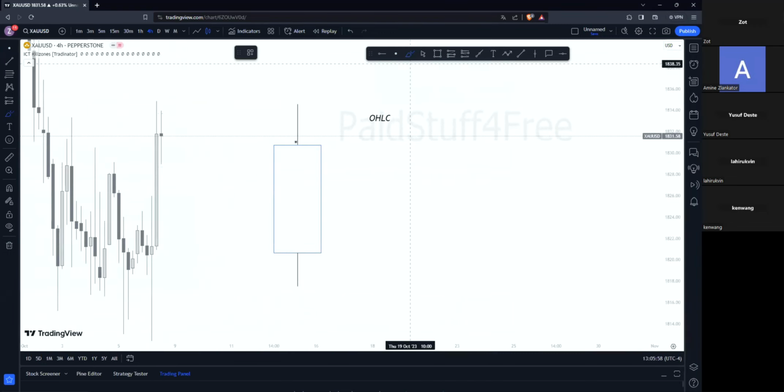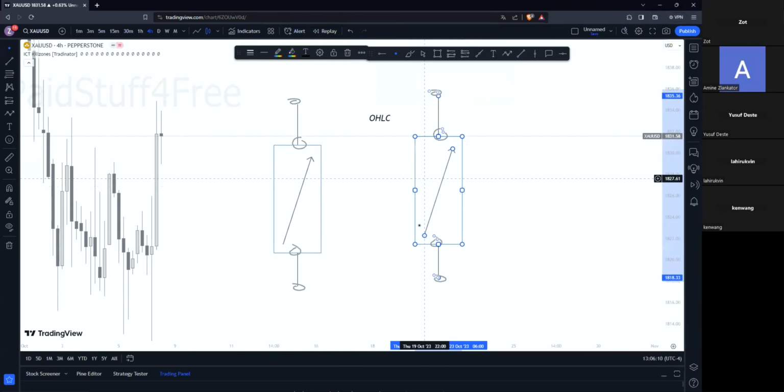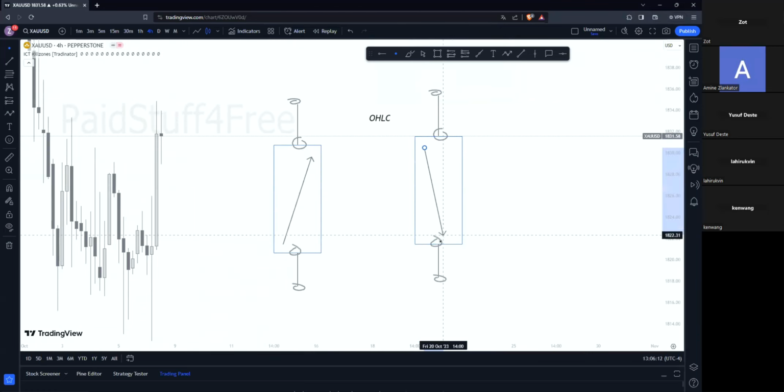Now you're going to have open, close, low, high. In a green candle, the closing is above, but on a red candle, the closing is below. So I want you to only focus on the closing.